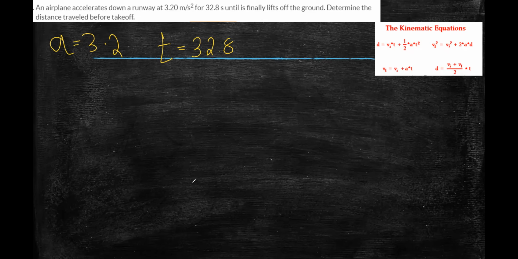Here now, I have an airplane. It starts from up, it goes down until it finally leaves the ground. What does it mean? What is the V final here when it reaches the ground? Teacher, isn't takeoff like it is on the ground and then it flies?